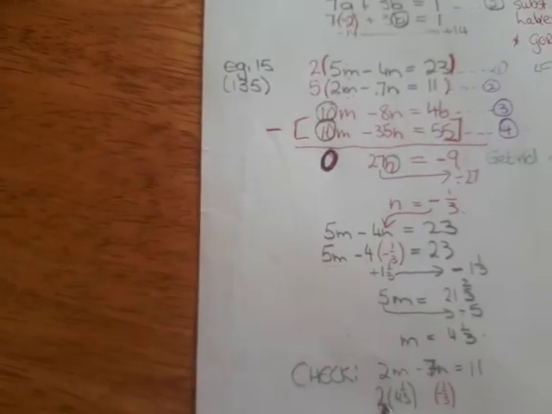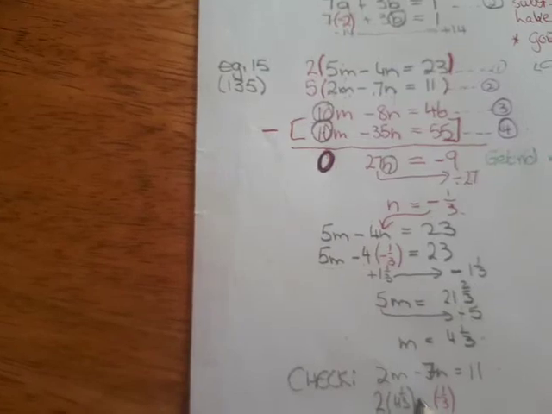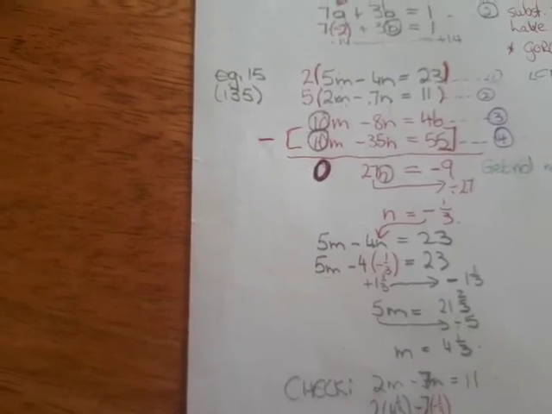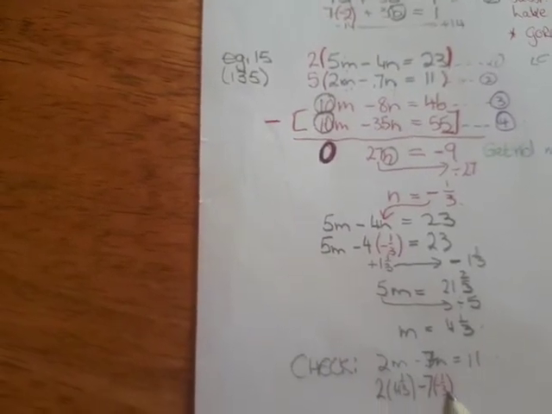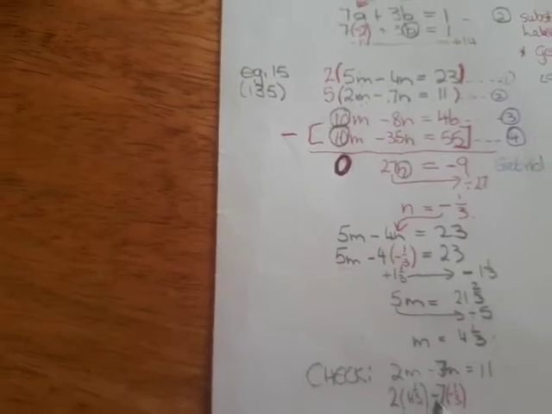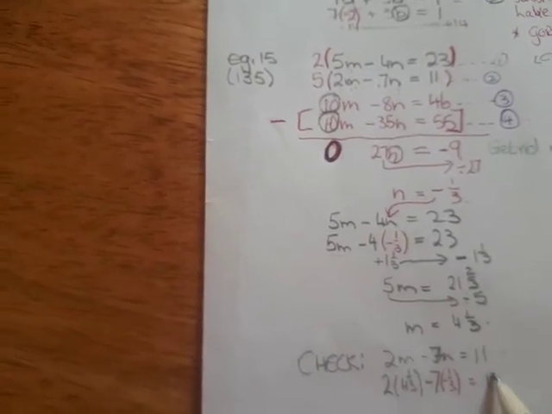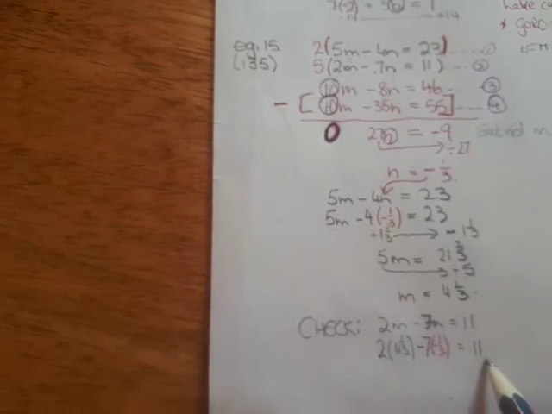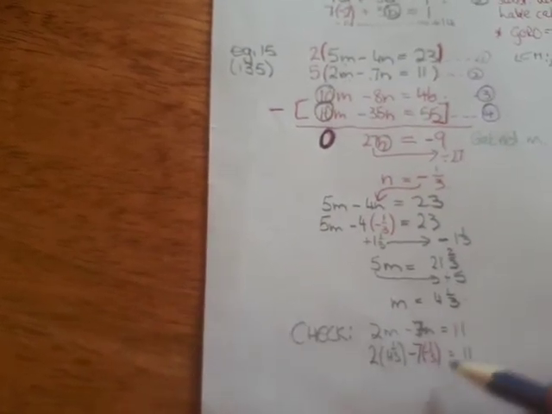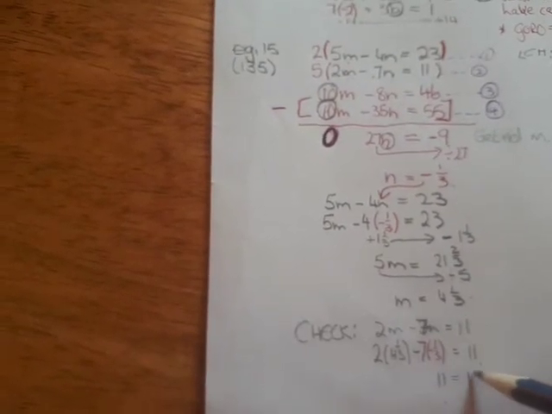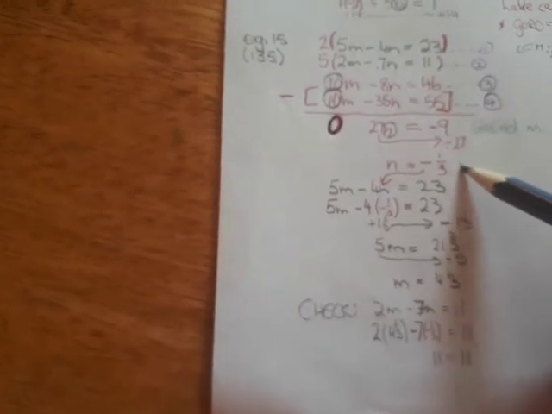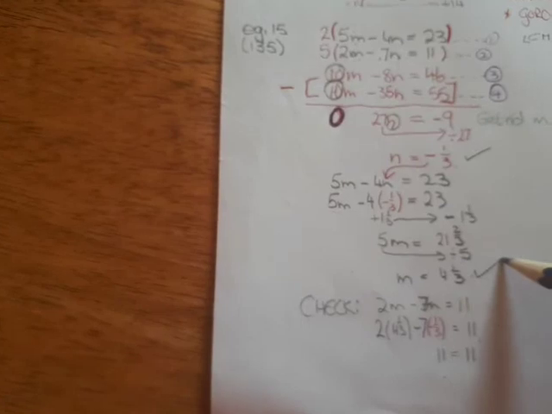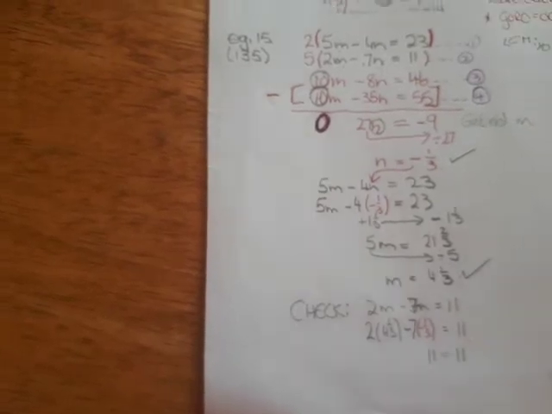So I've got 2 times 4 and 1/3 minus 7 times negative 1/3. If you calculate that, you will get an answer of 11, which means your right hand side and your left hand side are the same. 11 equals 11, so you know your value for n and your value for m are correct.